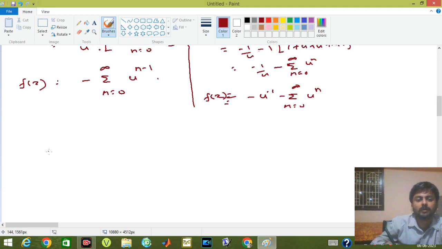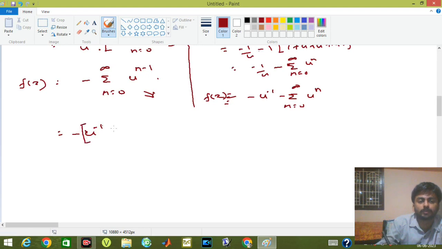Now you have to see carefully. Now I am going to rewrite this expansion in the following way, putting n equal to 0. If I put n equal to 0, I will get minus 1 by u, because it will become u power minus 1. If I put n equal to 1, it will become 0.